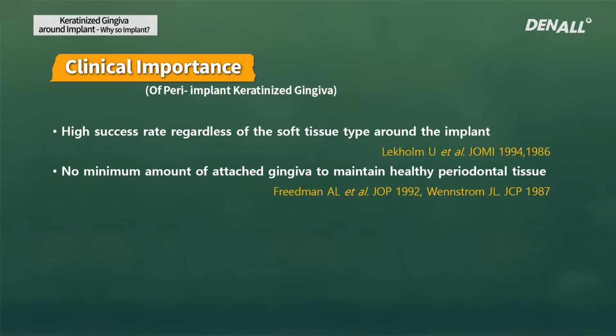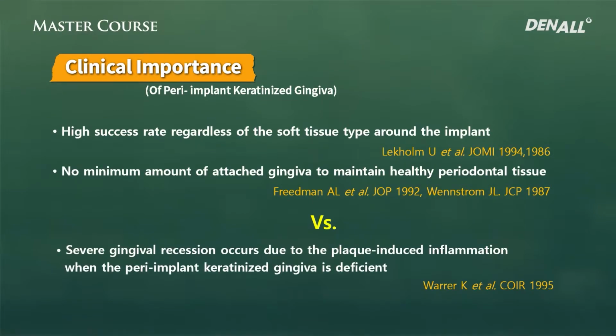When it comes to an implant, presence or absence of keratinized gingiva doesn't matter, according to one group of opinions. And there was another report that said a severe gingival recession occurs due to the plaque-induced inflammation when the peri-implant keratinized gingiva is deficient. And the controversy still continues. I'm going to introduce the controversy, and I will leave the decision to you individually.